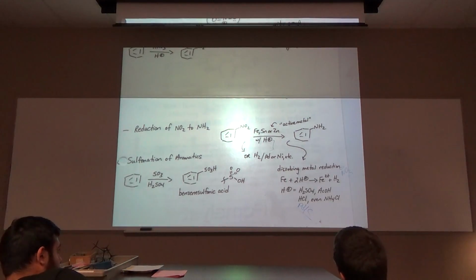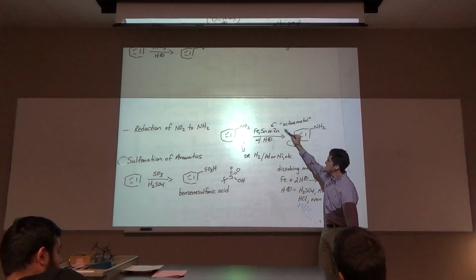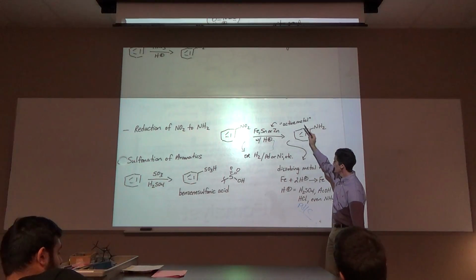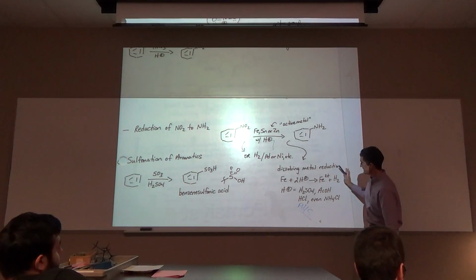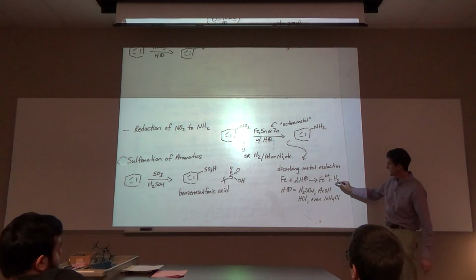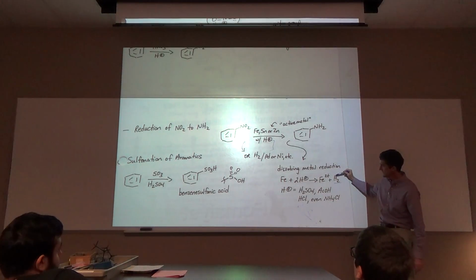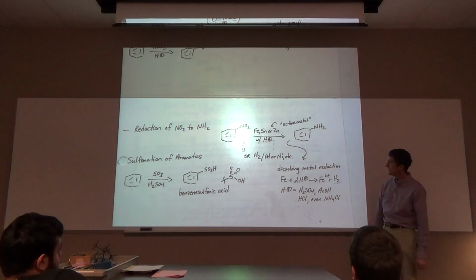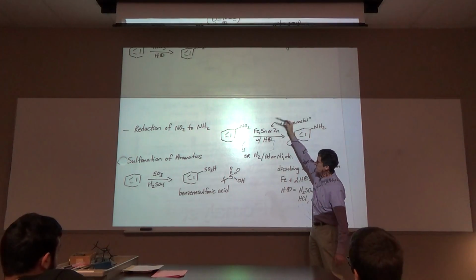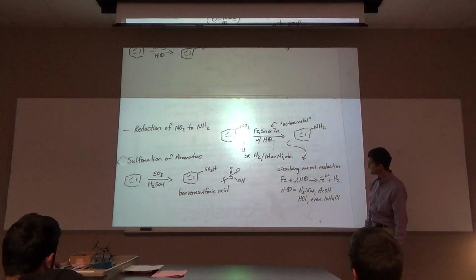So hydrogenation, but in lab we're going to use the active metals. It's also called a dissolving metal reduction because the metals will dissolve. One thing to keep in mind, these metals will react with acid to produce hydrogen. This is a common reaction. That doesn't mean that hydrogen is produced and hydrogen reduces the nitro group.